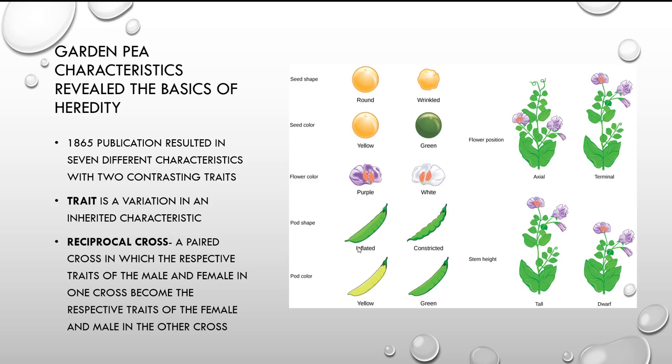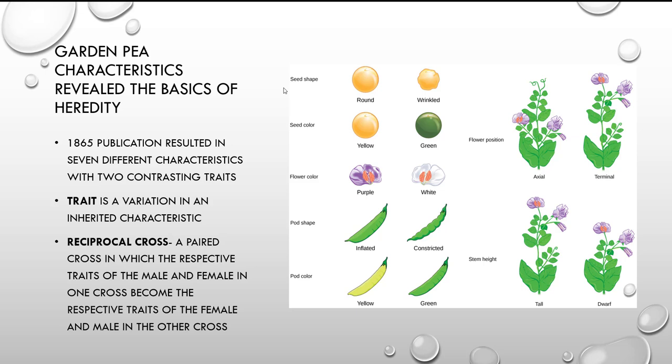With his garden peas, he was able to reveal some basic understanding of heredity. In 1865, he published the results of basically 7 different characteristics of these pea plants. You can look at them, these are all of them. You don't need to memorize them, by the way.